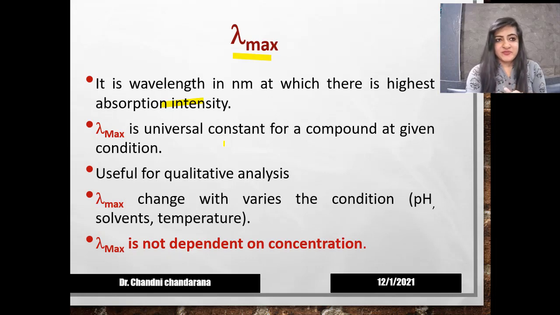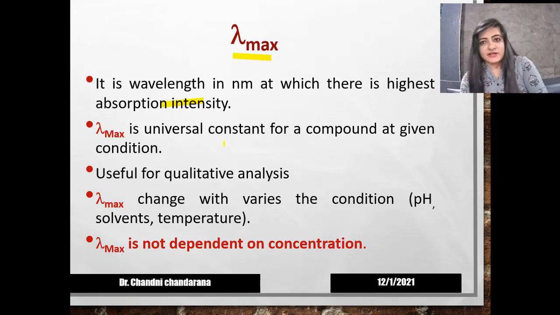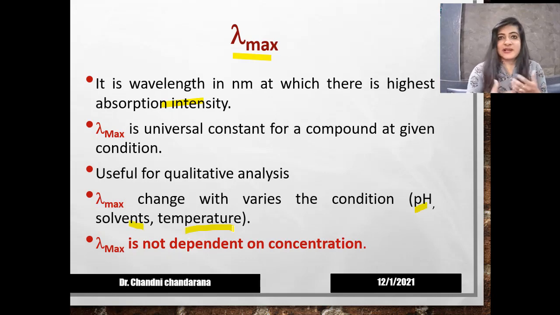If you change the solvent, your lambda max will change. That means lambda max can be changed by conditions like pH, the solvent or temperature. At different temperatures you will find a different lambda max. It is not dependent on concentration.